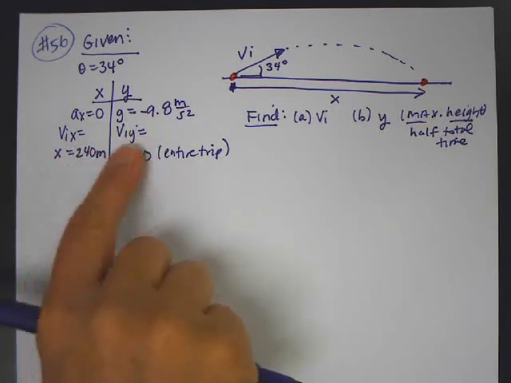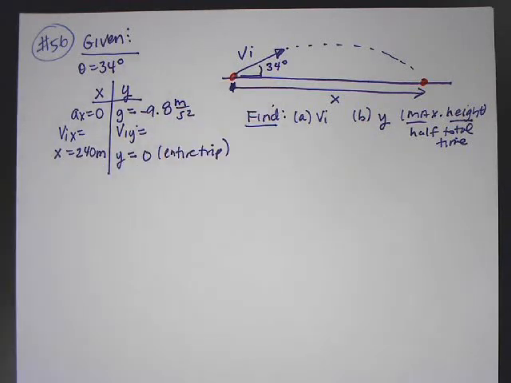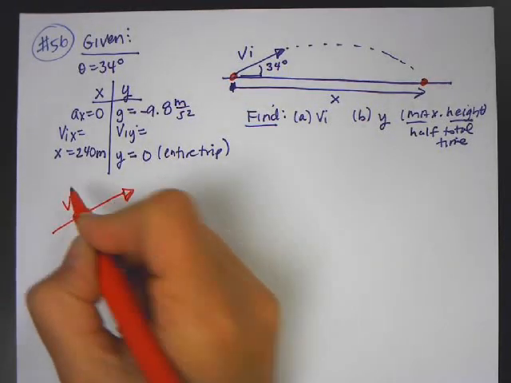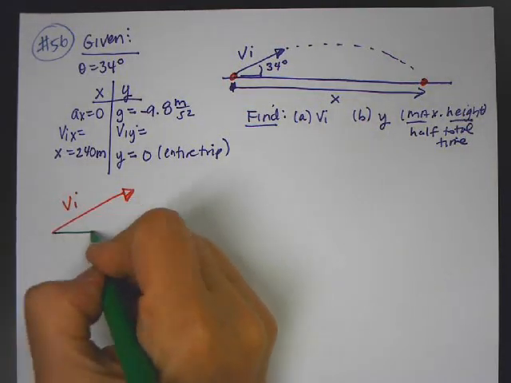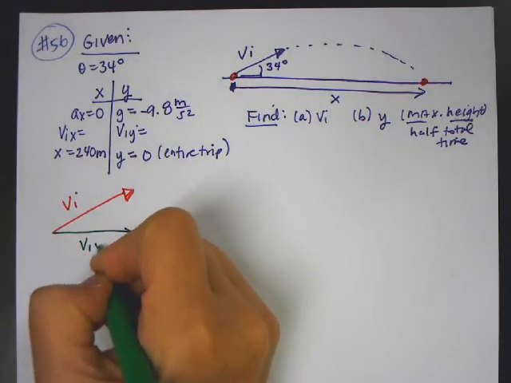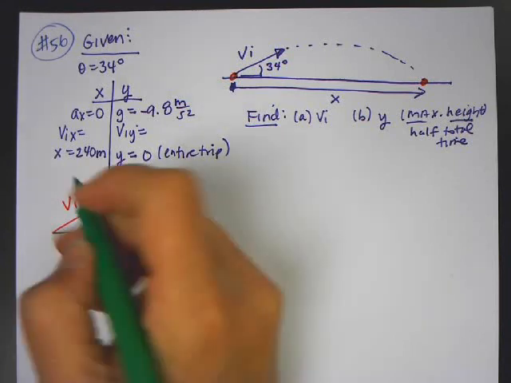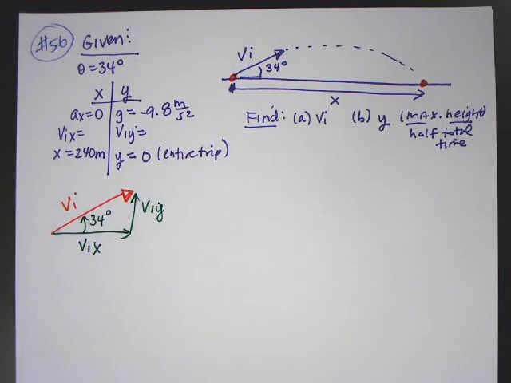So obviously I have to do something with this. I don't know VI, but they did give me the angle. So what I'm going to do is just off to the side, I'm going to say I know VI looks like this. And because I did learn how to do vector resolution, I know that this is going to be VIX, and I know this is going to be VIY, and I know this angle here is 34 because they did give me that angle.